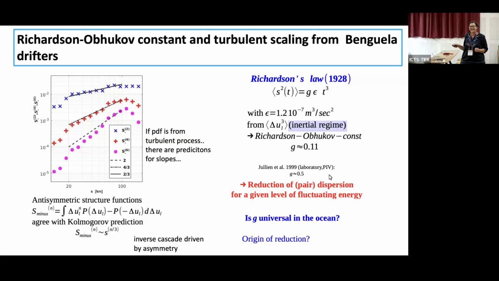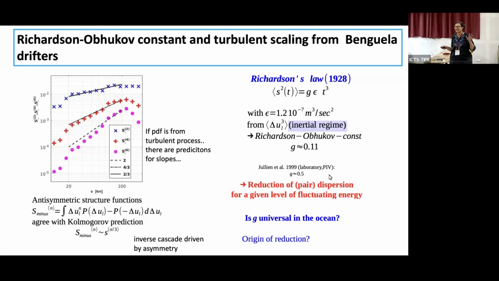Another thing that you can do is, there's the Richardson-Obukhov constant that is in this Richardson law as a factor. And then you also have the energy dissipation rate that you can diagnose. So in theory, you can calculate this Richardson number. When you do that, you arrive at a value of about 0.11. What you find in laboratory experiments is typically a value of about 0.5.